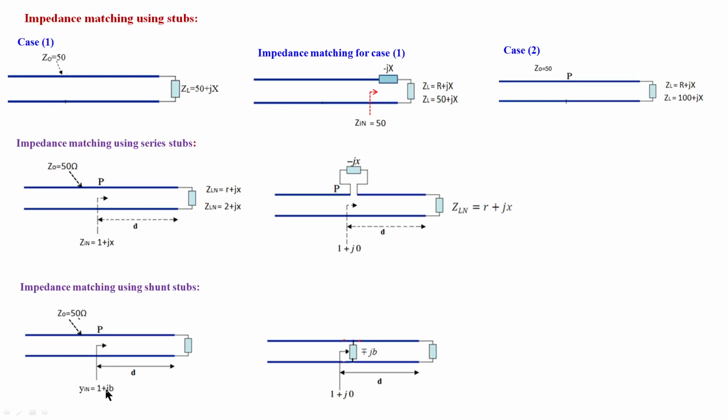The susceptance may be anything. Go on moving like this, and wherever the conductance is 1, you stop. At that position, note down the value, whatever it is.